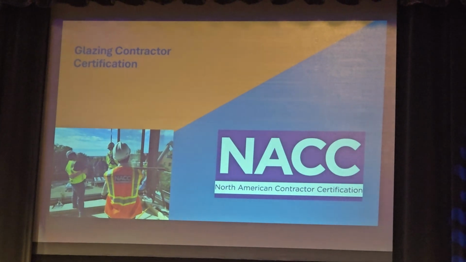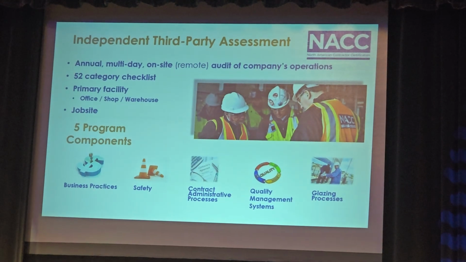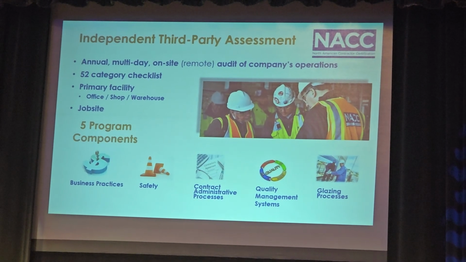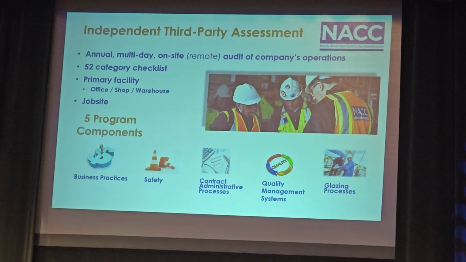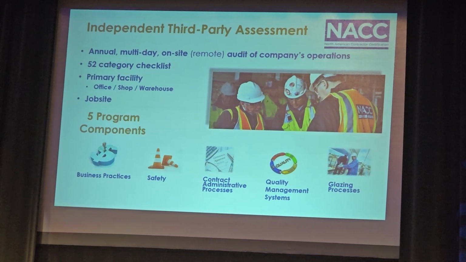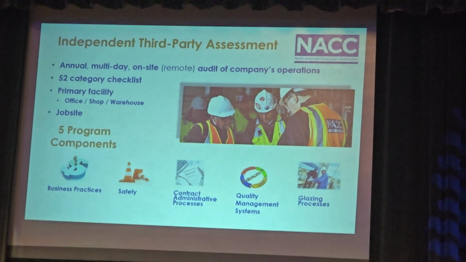Specifically, let's talk about the NACC program here, so everyone has a clear idea of what goes into that. It is an annual, typically multi-day assessment of the company's operations that rotates between on-site and remote. It's far more in-depth than just the process control that we talked about.